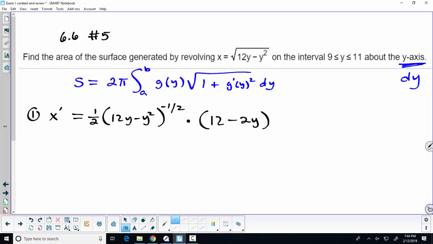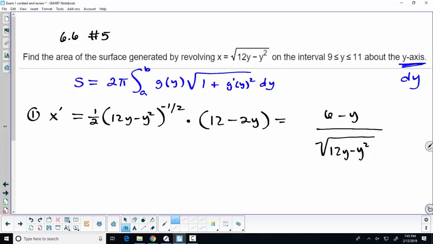Yeah, I think so, because we have this weird root involved. So let's just divide this 12 minus 2y term by 2, and then write this as a root. So we have 6 minus y over the square root of 12y minus y squared.